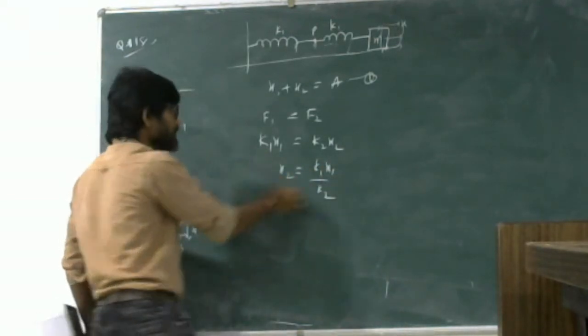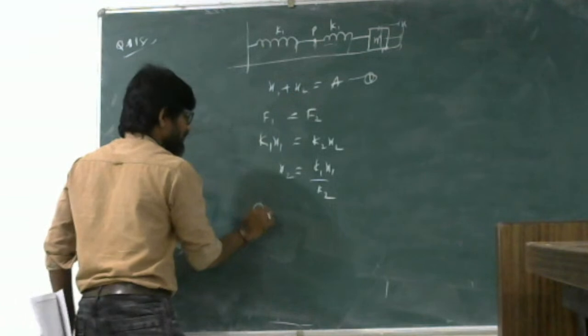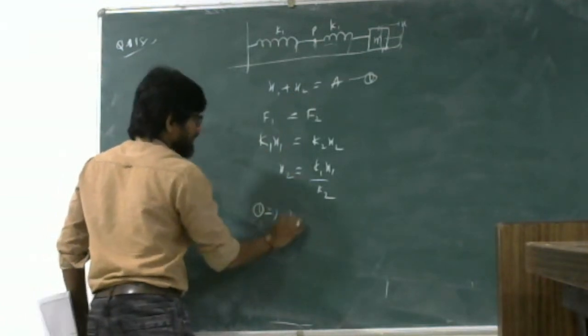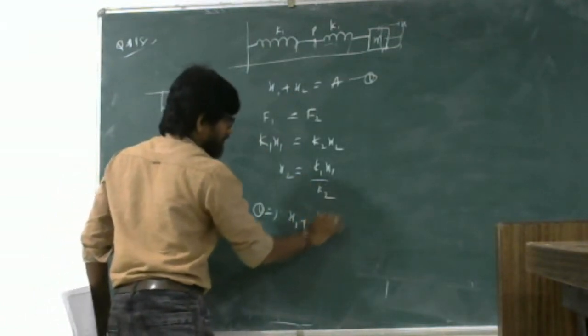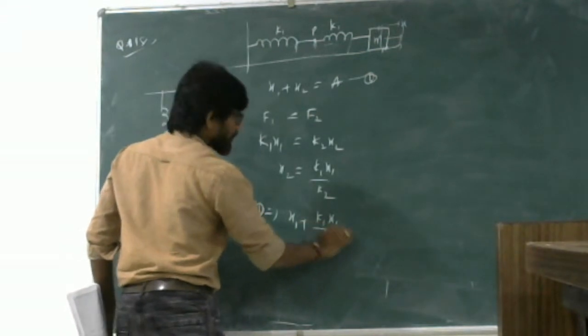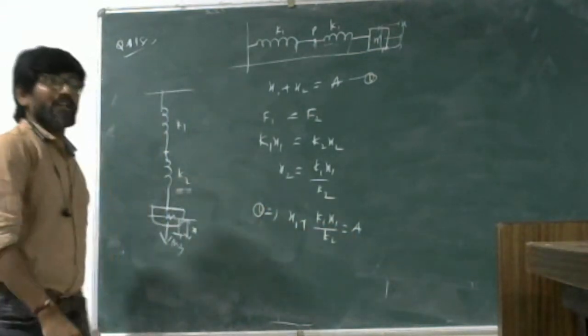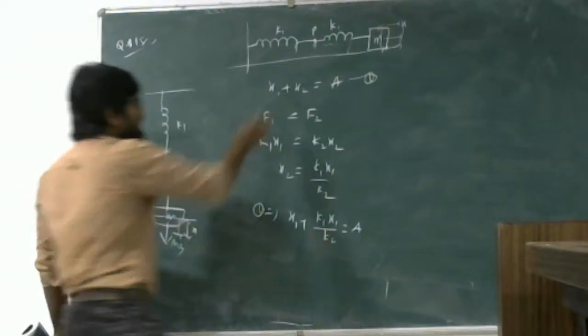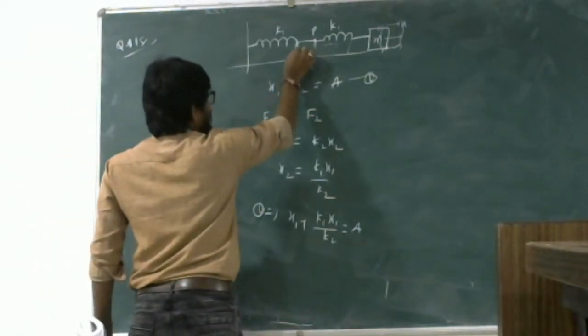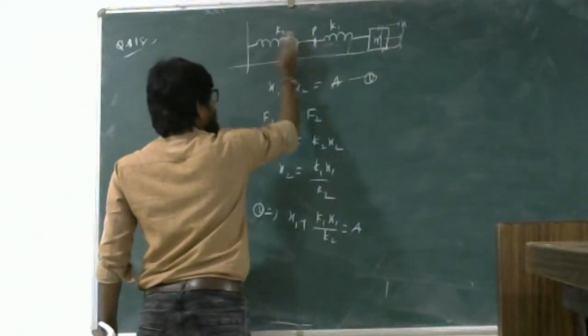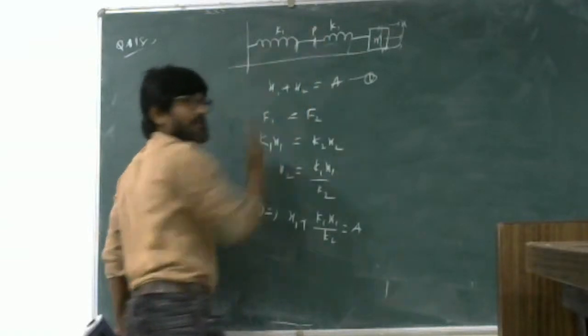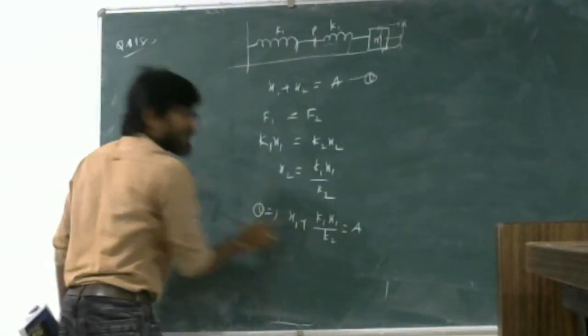From this, if you substitute in equation 1, x1 is x1 only, and x2 you can write as K1 x1 by K2, is equal to A. What is the displacement of P? Whatever displacement this point is undergoing, this is also attached to this, so it undergoes the same displacement, the point P. So you can say it is x1.